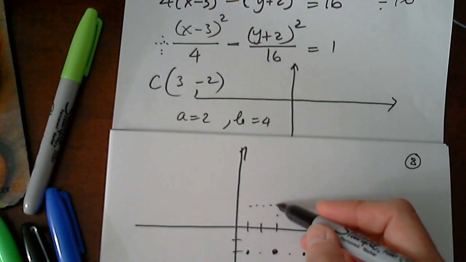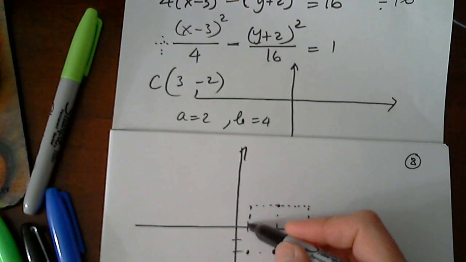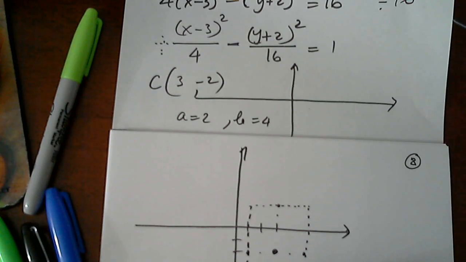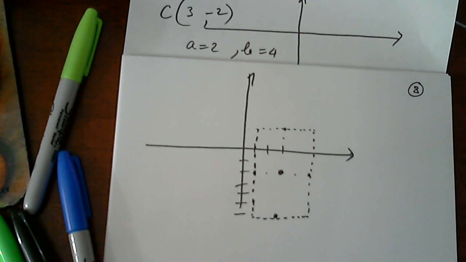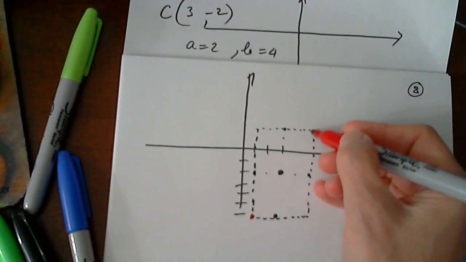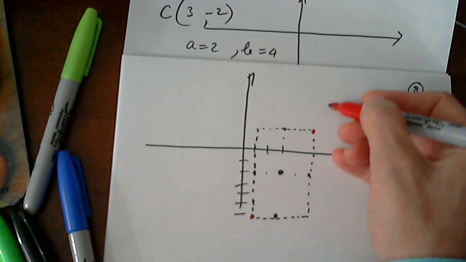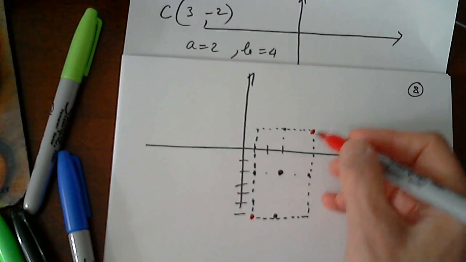Create the box. I call it a box, but it's a rectangle. Draw the asymptotes. They have to be drawn. They're not part of the graph, but they have to be there. And the asymptotes have to go through these 3 points: this corner, the center, and this corner.